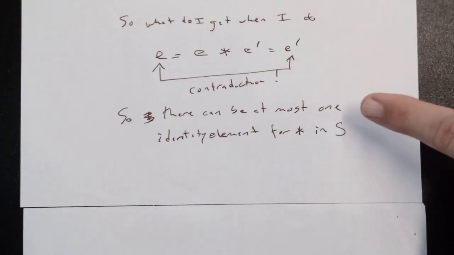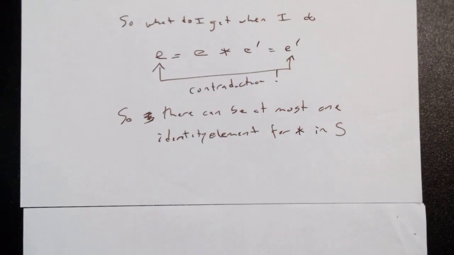At most one. That means there is another option. What's the other option? There could be none. I need an example for that to make sense to me. I need an example of a set and an operation that does not have an identity.